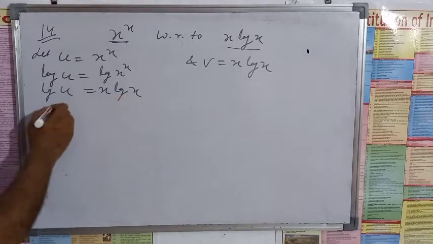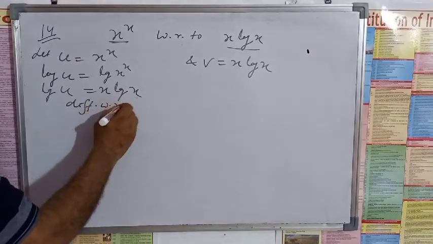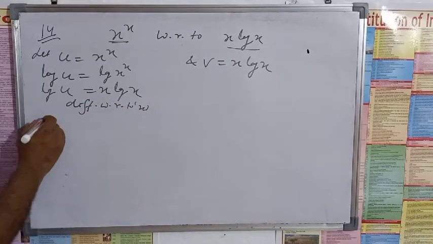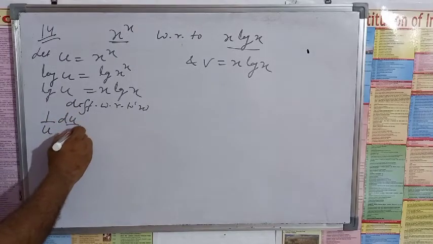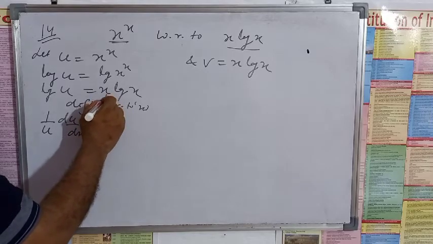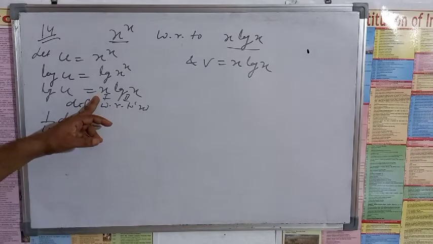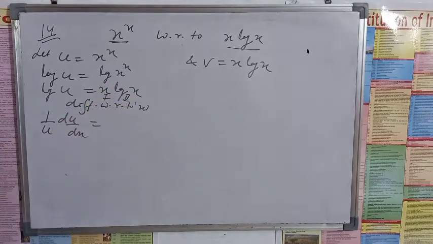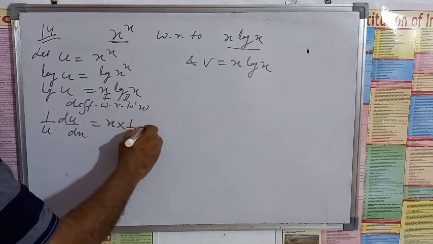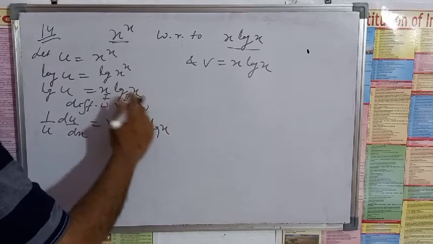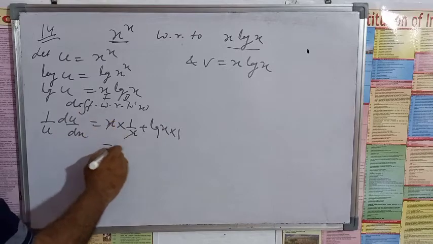Now differentiate it with respect to x. So the derivative of log u is 1 by u, du by dx. And here we will use the product rule. First function x, second function log x: first function times derivative of log x, 1 by x, plus second function log x times derivative of x, which is 1. x cancels with x.